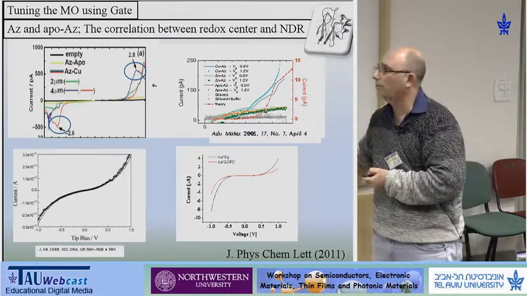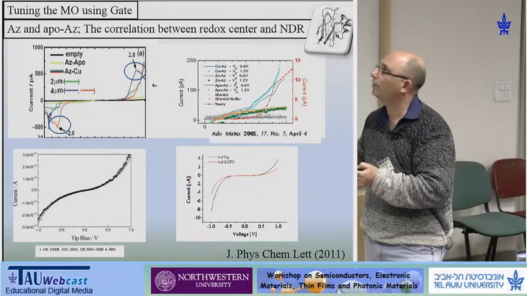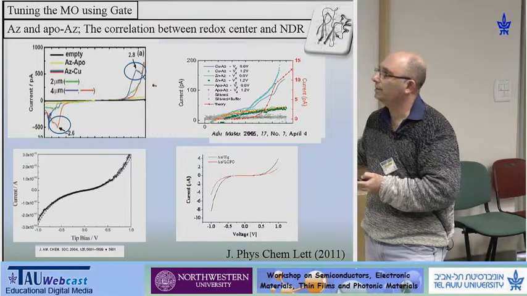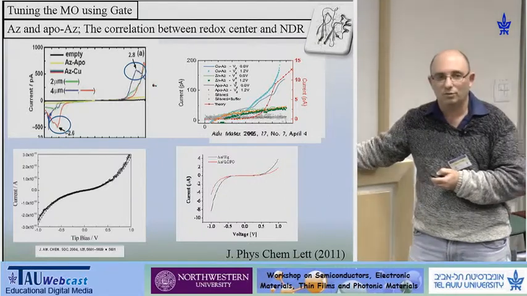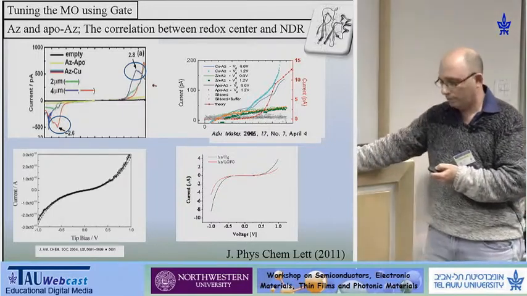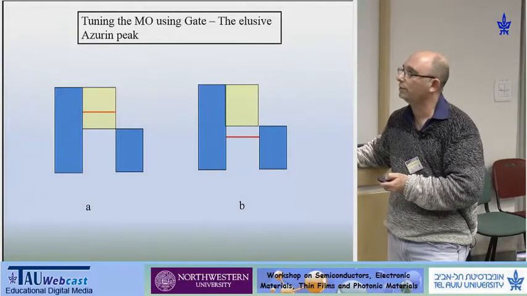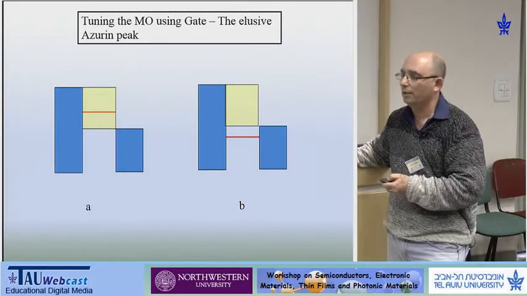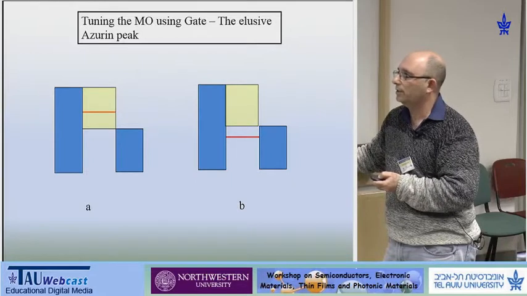There is a continuing and still open question: do redox-based proteins like this azurin exhibit NDR as shown here? And does this NDR relate to the redox center? So we thought that we can try to resolve it with our transistors. And the logic is as follows. Suppose that we have one group that shows some energy level within this Fermi window to which this NDR relates.